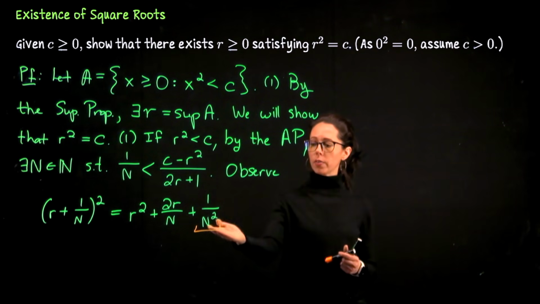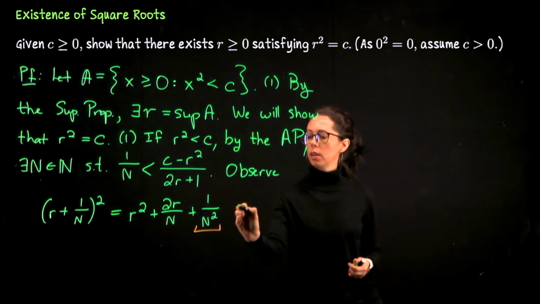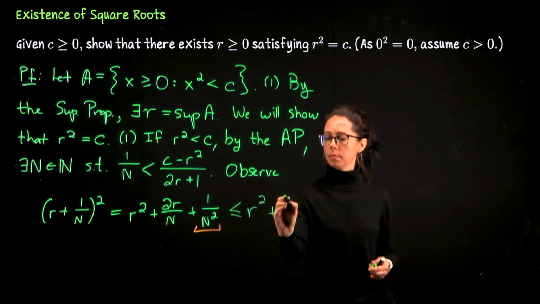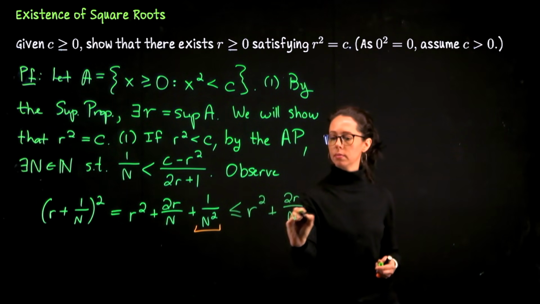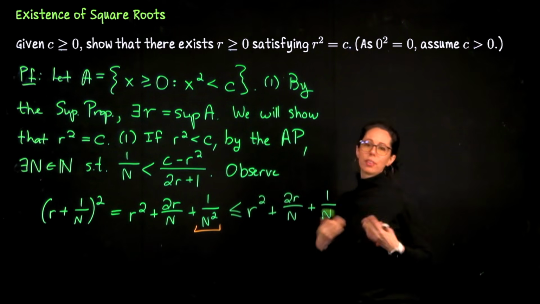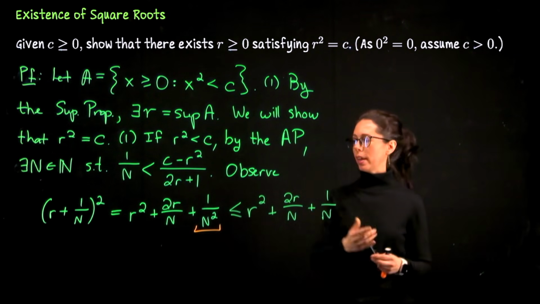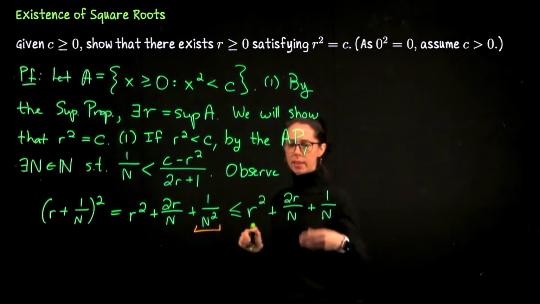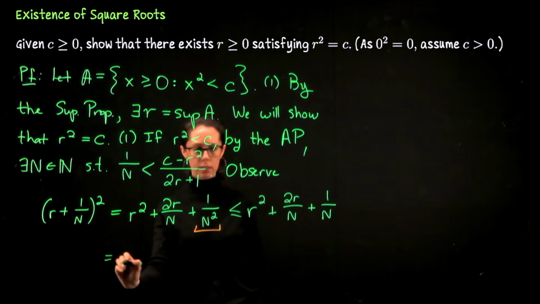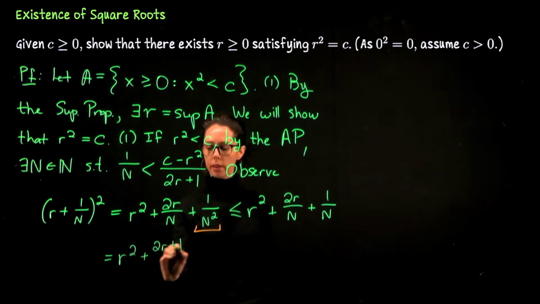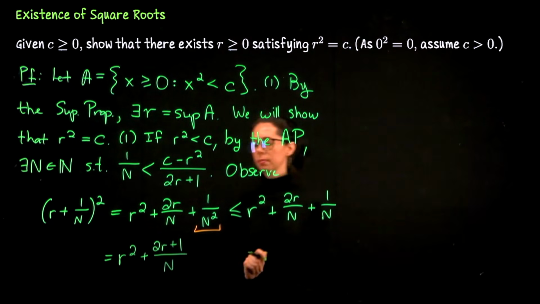I'm going to take this 1 over n squared and replace it with 1 over n, which takes me up in size. And then the whole reason I did that is it's easy to add these two together. Let me now drop down a line. So I will say that this is equal to r squared plus (2r plus 1) over n.